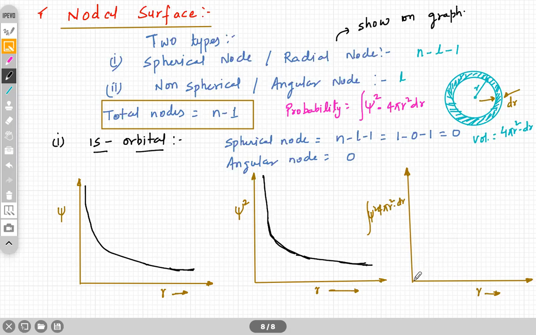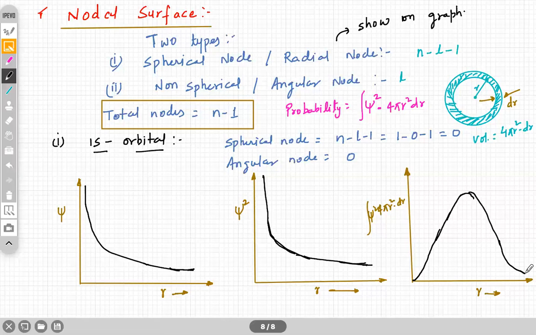At some point, it is the nucleus here. In the nucleus, there is no electron present. So it starts from the nucleus, increases like this, and at some point the probability is maximum. Then it comes down and goes like this.